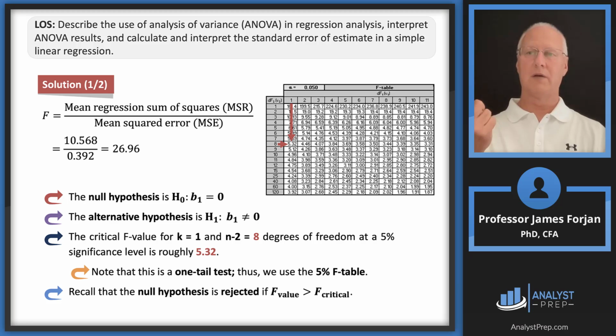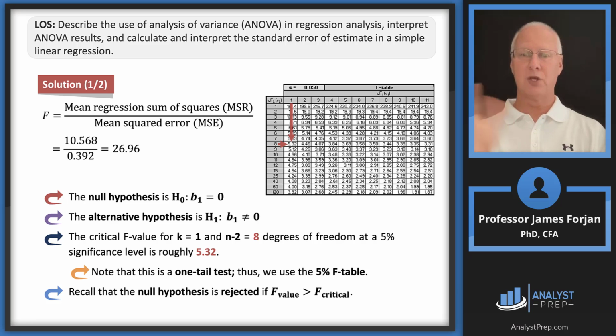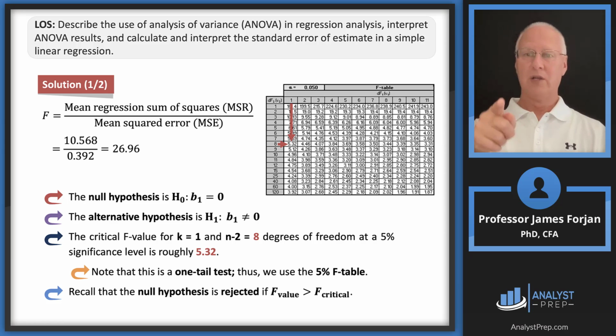So we have, remember it's the F table, so we've got two degrees of freedom. There's one independent variable, so we go to the 1, run our finger down to, what was it, 10 observations. So 10 minus 2 is 8. So what do you get there? 5.32. So there's the critical value.